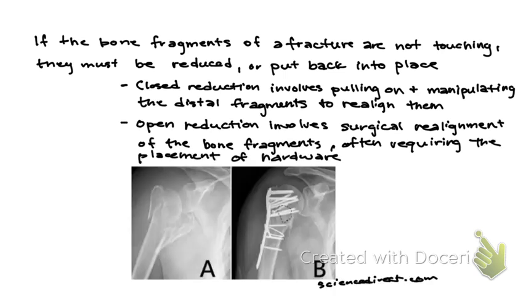So you can see the original fracture in panel A. It's pretty comminuted, lots of different pieces, and this patient underwent open reduction and internal fixation. They had to surgically open the area and place hardware in order to keep the bone pieces in the right place.